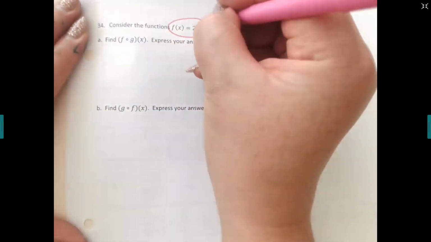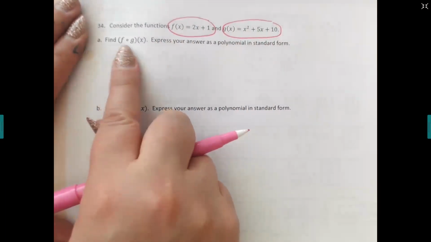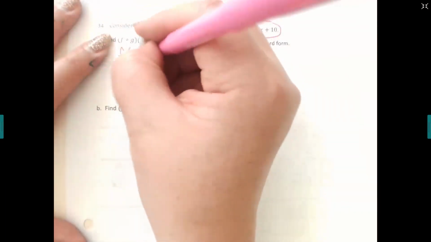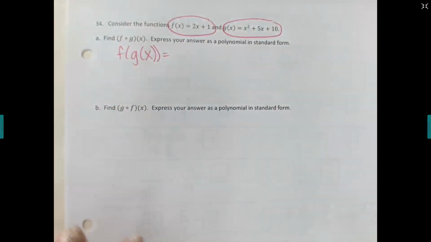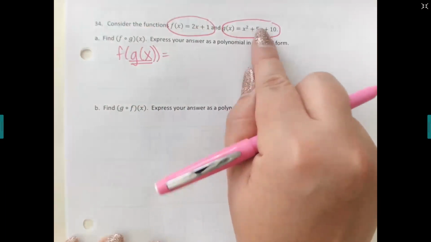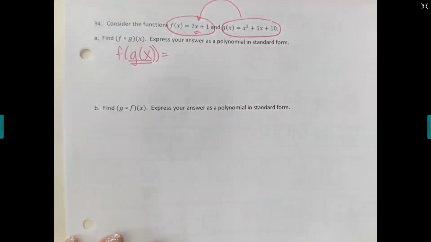So notice you have two functions, an F and a G. First, we want to do F of G of X, or F composition G. So it's going to go like this. Well, then remember what that means is that I'm taking the formula for G, this, and I'm plugging it in to where the x is.